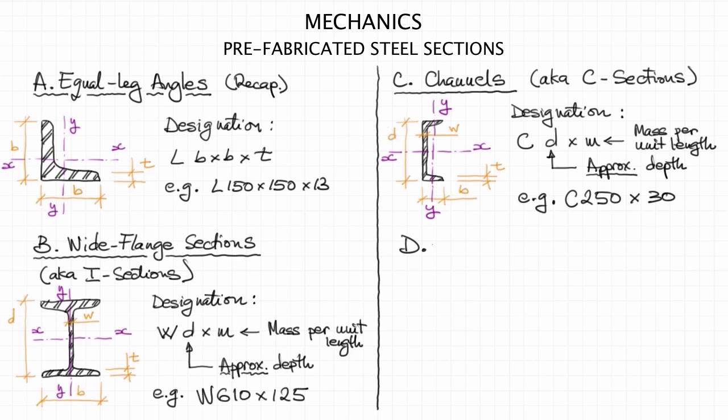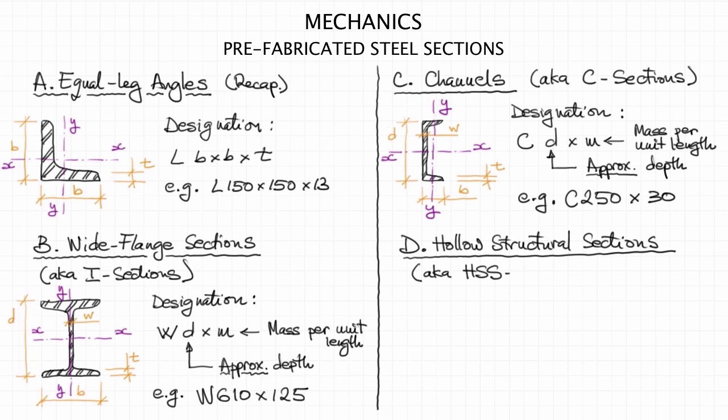Now, the last type of section that I would like to mention are hollow structural sections, and often they're called, of course, HSS members. Now, these sections are hollow. They can be square, rectangular, or circular. So in the case of a rectangular section, such a section would look like this one, being characterized by its external dimensions.